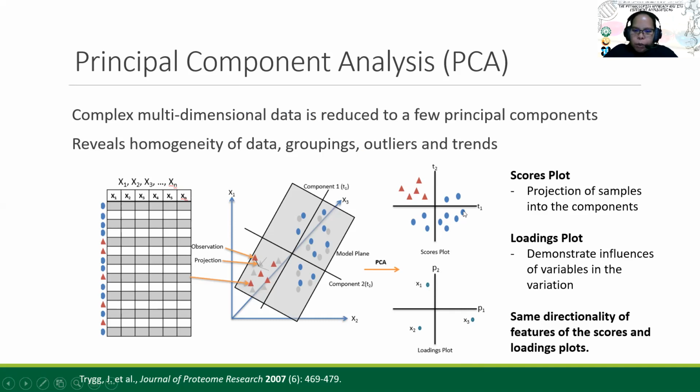On the other hand, those that are here will be mainly influenced by the variables here. And so, the triangles here are high in terms of intensities or levels for the variable x1. Those here, our circles, are high for this particular variable x3. The few samples here are high in x2. So that is how you look at principal component analysis.